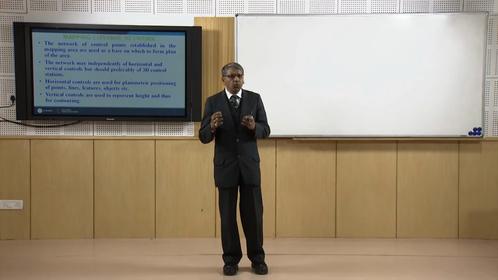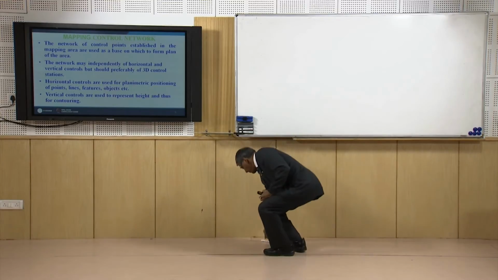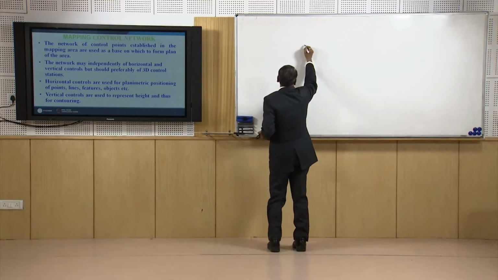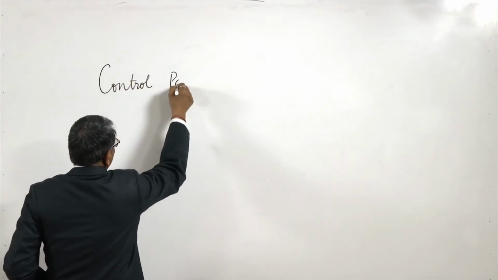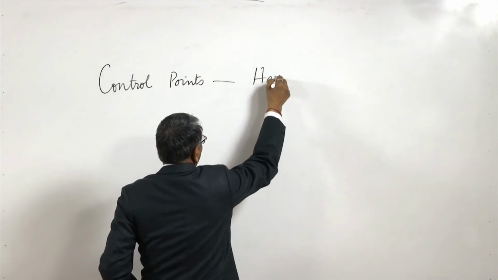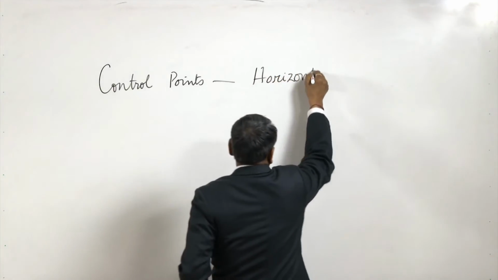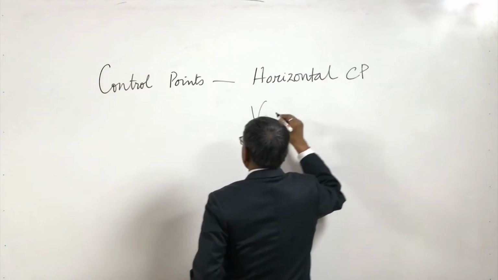Now there may be two types of control points: horizontal control points or vertical control points.